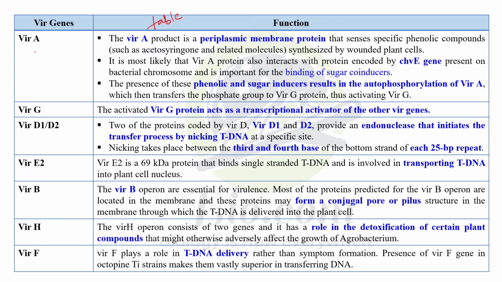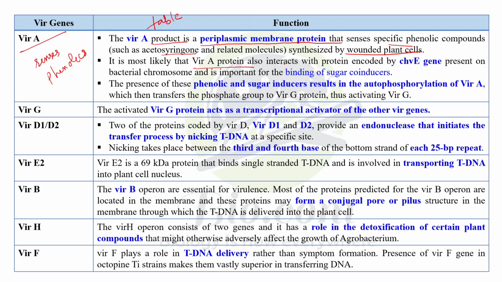Because firstly the vir gene is activated, it senses the what? It senses the phenolic sugars which are leaching from the plant after a physical injury. So the Vir A product, which is a periplasmic membrane protein, senses specific phenolic compounds like acetosyringone and hydroxyacetosyringone released by the wounded plant cell.